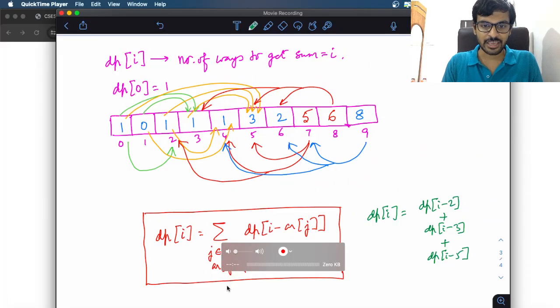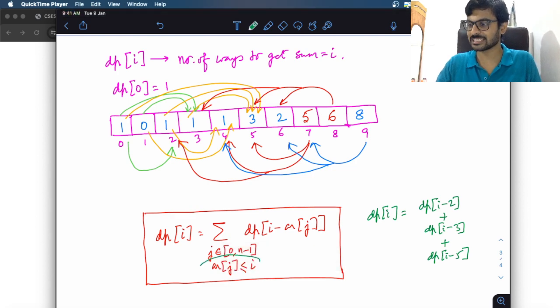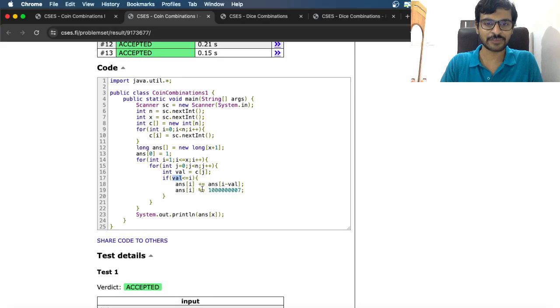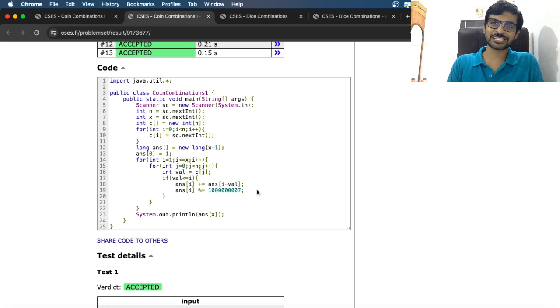If this AR j is less than or equal to I, then I minus that val is going to count. Answer of I minus val is going to get added. At each step, please definitely do the modulus to avoid the overflow, to ensure that your answer stays in int when you want it to stay in int.